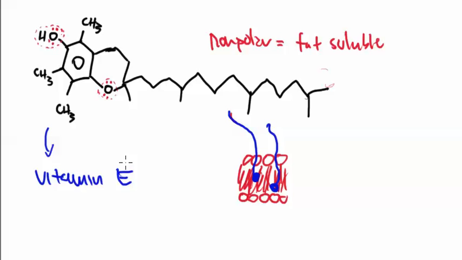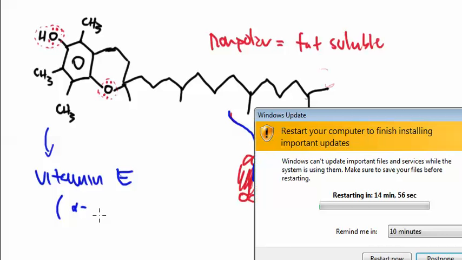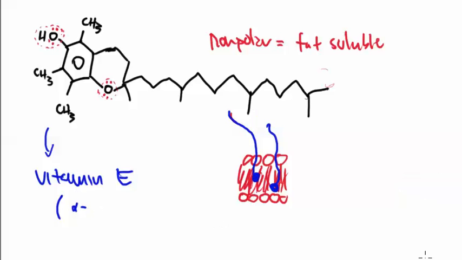Well, first off, I want you to understand that vitamin E is not the only name that this can go by. It actually has a more scientific name. It throws people off when we use it because a lot of people don't really know what's going on when you throw some proper terminology at them. And this is going to be called alpha. So there is an alpha in front.